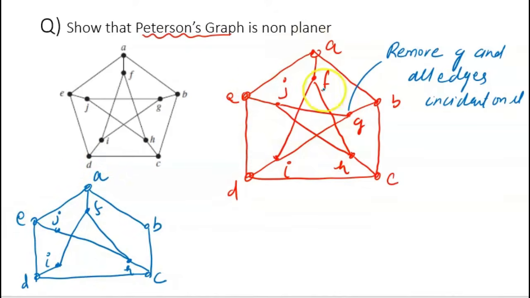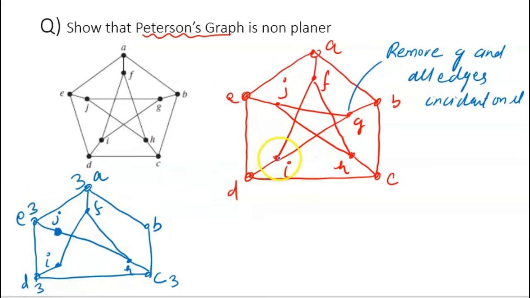If you look at the original graph, every vertex is of degree 3. So here A is of degree 3, here E is of degree 3, D is of degree 3, C is of degree 3. But since I have removed G, 3 of the vertices' degrees will decrease by 1. So earlier the J degree was 3, now J degree should be 2. So we can clearly see that now J degree is 2.